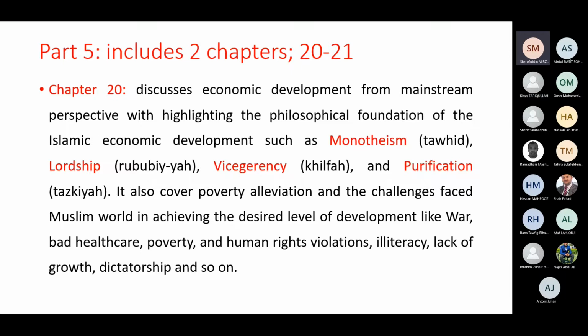The 20th chapter discusses economic development from the mainstream perspective, highlighting the philosophical foundation of Islamic economic development, such as Tawheed, monotheism, lordship, Rububiyyah, vicegerency, Khalifa, and purification, tazkiyah.